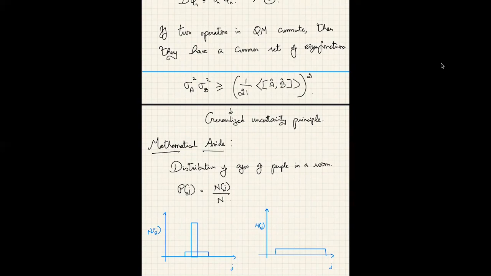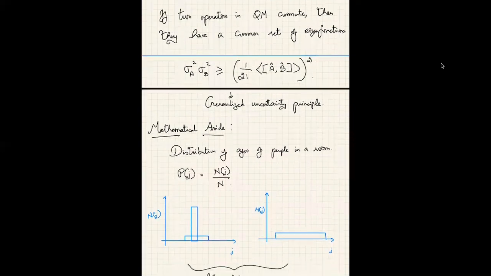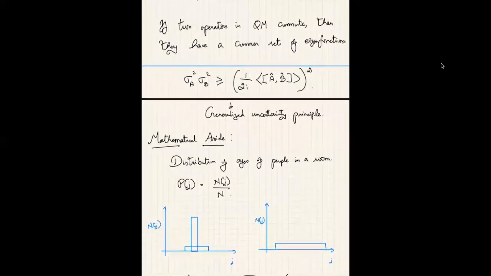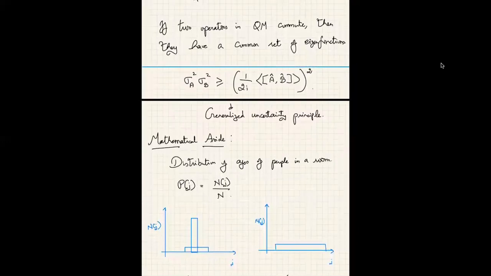So if you want a smaller uncertainty, you have to make the distribution very sharply peaked, like the left-hand side blue distribution here. But the uncertainty principle tells you that if you have two operators that do not commute, then it is not possible to measure them simultaneously. Simultaneously is very important. I cannot measure both of these very accurately simultaneously.